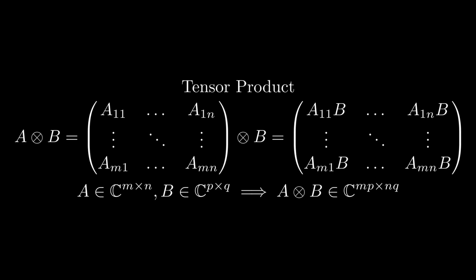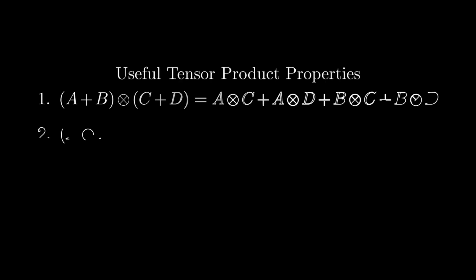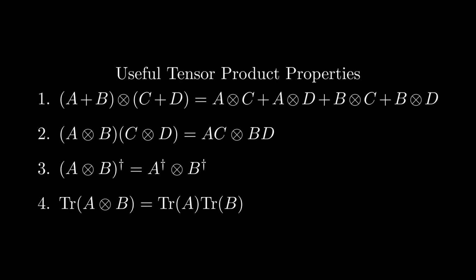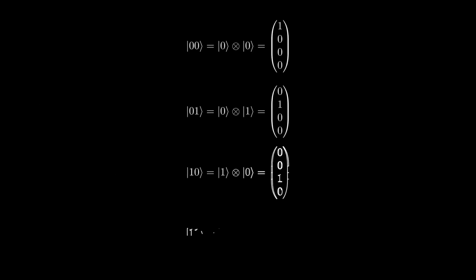The tensor product has some nice properties, some of which I have listed here. Note that this operation is not commutative, meaning that in general, A tensor B is usually not equal to B tensor A. Getting back to the two qubit standard basis states, we therefore have the following definitions.